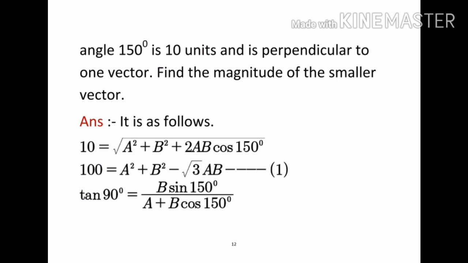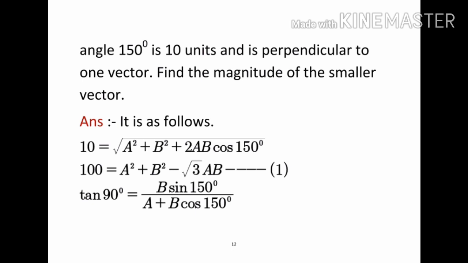So we can use the resultant formula: 10 is equal to root of A square plus B square plus 2AB cos 150 degrees. By squaring this, we get 100 is equal to A square plus B square minus root 3AB. That is taken as the first equation.